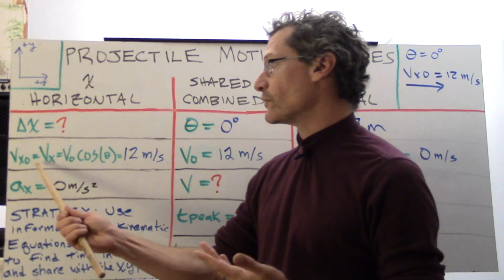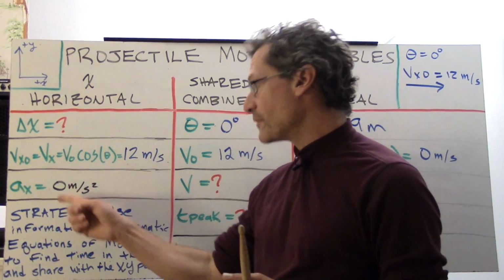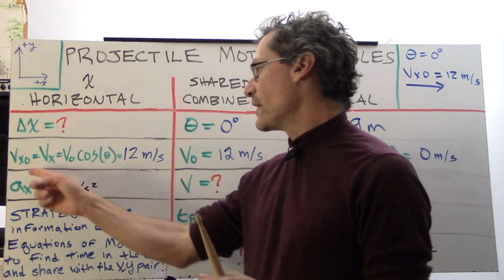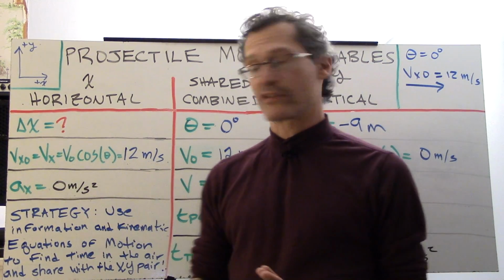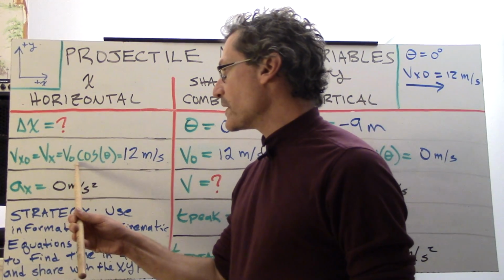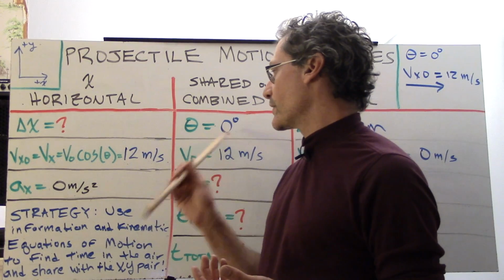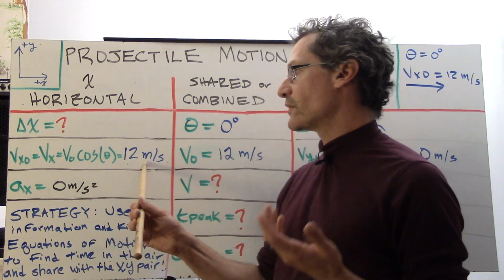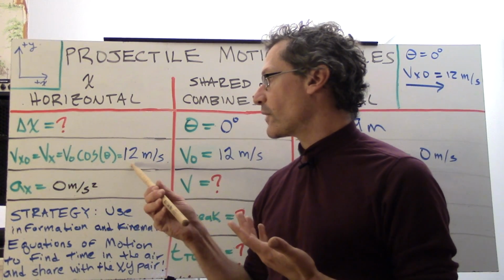Okay, so if we go to Vx naught, which is the same thing as Vx. Why is that? Again, because there's no horizontal acceleration. There's no horizontal gravity. So these two are equal. That's the same velocity. It's a constant velocity in the x direction. So it's equal to V naught times the cosine of the angle theta. Cosine of 0 degrees is 1, so therefore all of this velocity is going to be translated into horizontal motion, 12 meters per second right here.